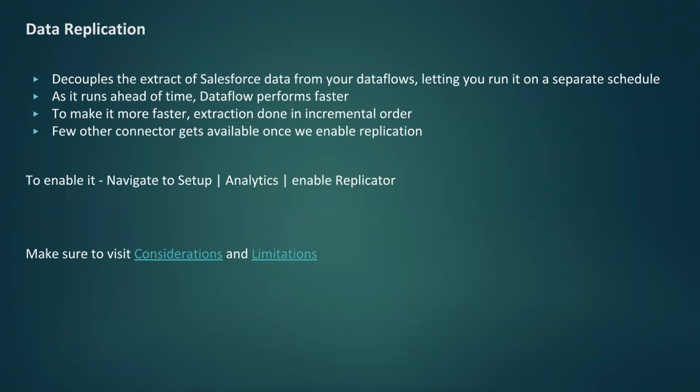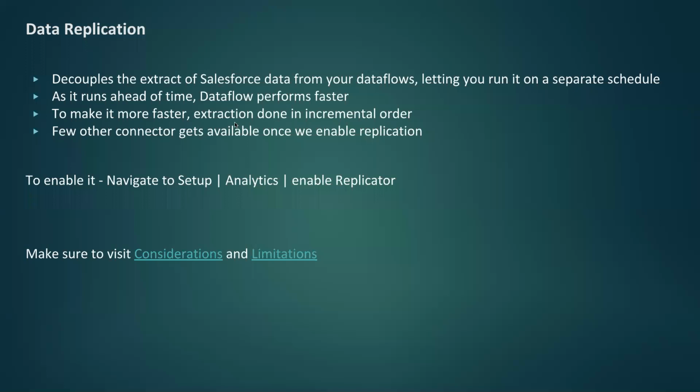So if you are using Salesforce as a data source, it's common sense that analytics has to fetch the data from Salesforce, convert it into the denormalized format and a proprietary format, which is very fast and used for Einstein Analytics. What data replication does is fetch data in advance and replicate it. So it will make it faster.